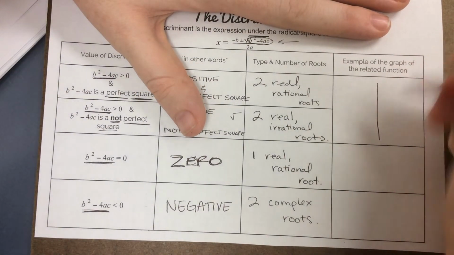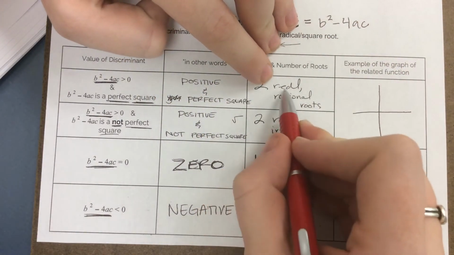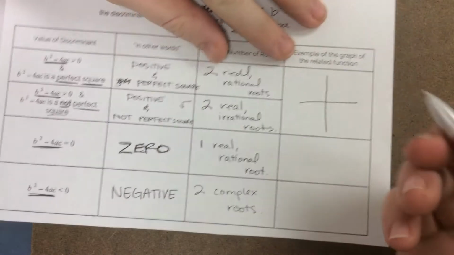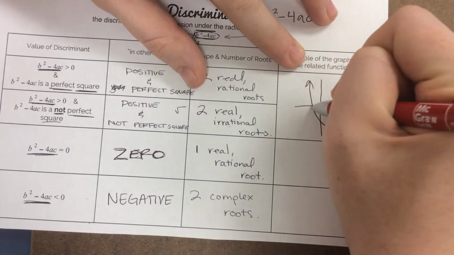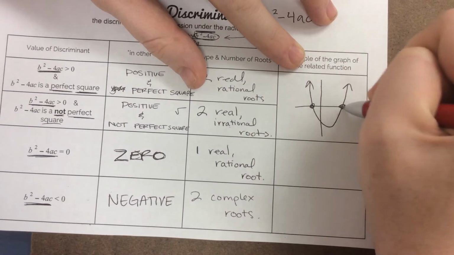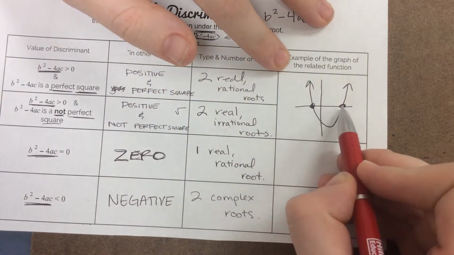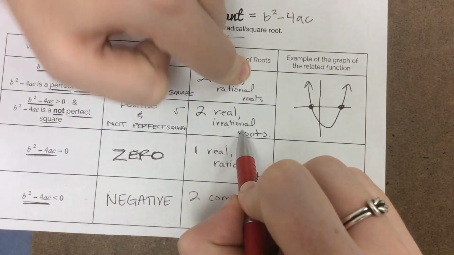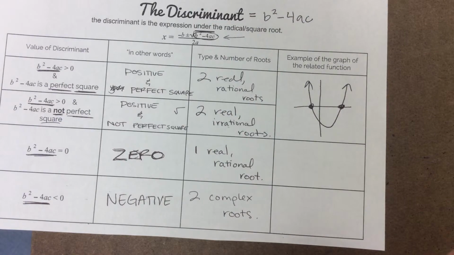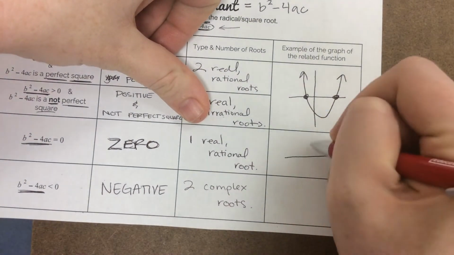On the graph of your parabola, if there are two real rational roots or irrational roots, you're going to have a parabola that crosses the x-axis at 2 points. You're going to have two real solutions. You'll be able to see them on the graph. Sometimes they're nice, pretty numbers. Sometimes they're not.